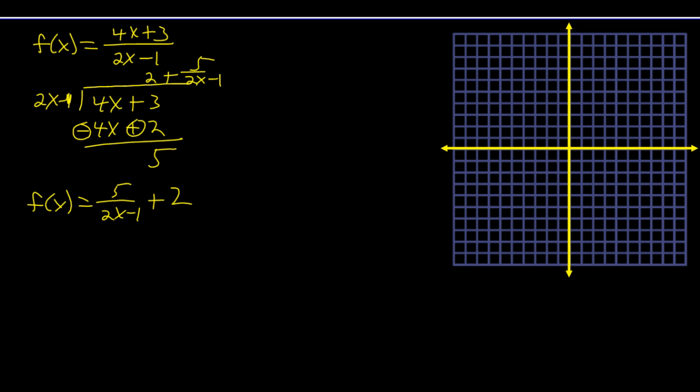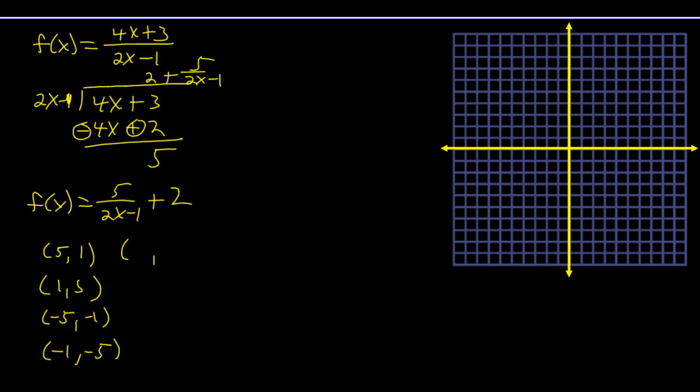Now this is translating those points. Remember, if this was just 5 over x, my points would be (5, 1), (1, 5), (-5, -1), and (-1, -5). Now, what is my translation going to do?